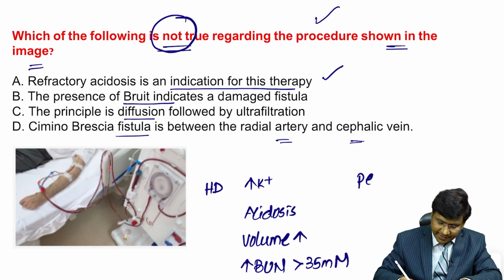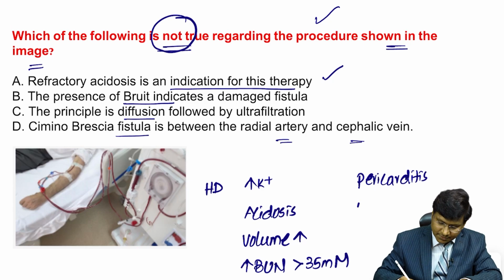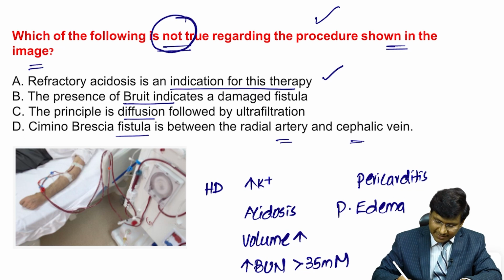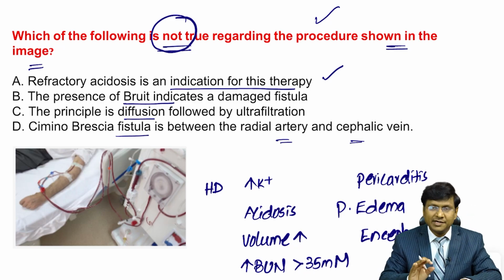Then uremic pericarditis. Then pulmonary edema is also an indication, right? And the next important is encephalopathy. That is, uremic encephalopathy is also an indication for the hemodialysis. So the first point, A, is correct.